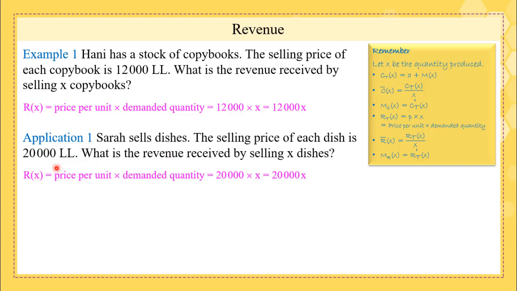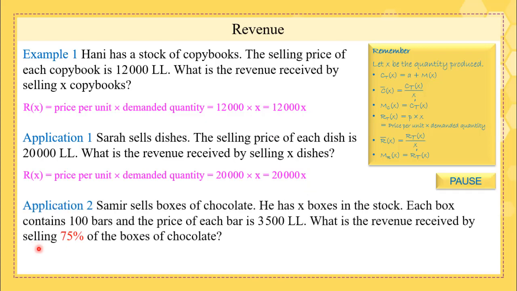Hence, R of X equals price per unit times demanded quantity, which is 20,000 times X. So we get 20,000 X. Also now I need you to pause the video and try to solve the following application.